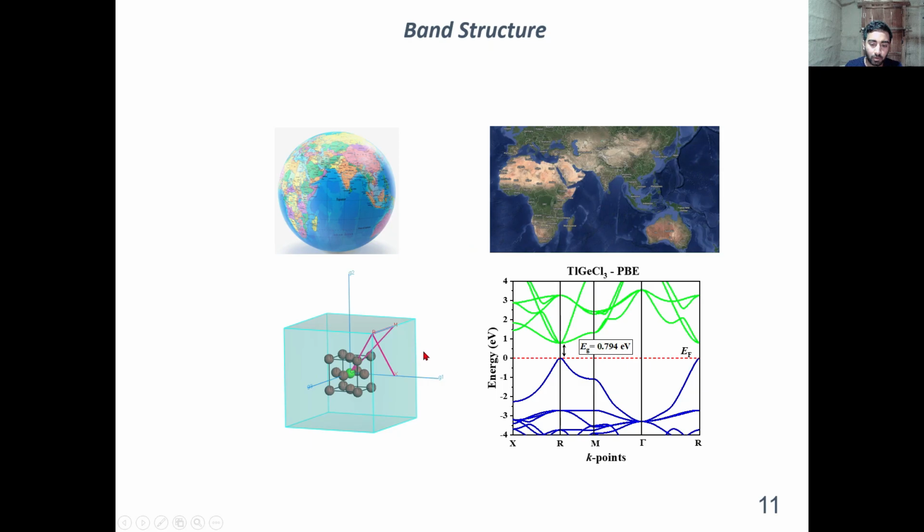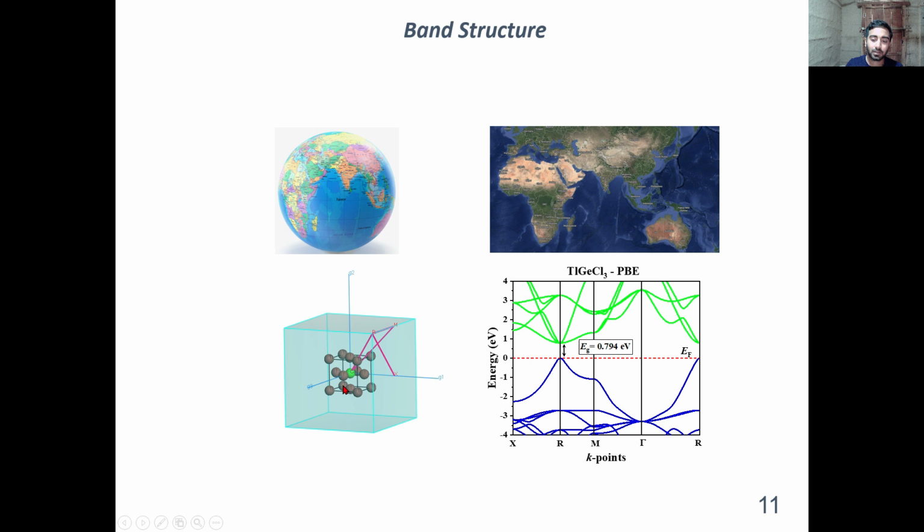So why do the Brillouin zone and band structure look like this? This is our three-dimensional Earth map, and if we plot it in 2D, this is our world map in two dimensions. Like our world map, we can map the reciprocal lattice Brillouin zone into the band structure.